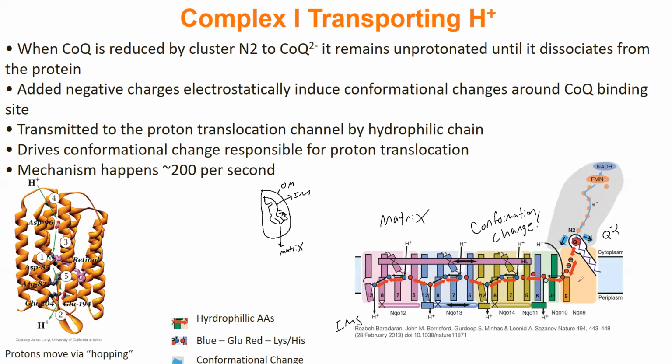The arrows are kind of like hydrophilic amino acids. The red spheres are lysine and histidine, and the blue spheres are glutamic acid. So you have these movements between hydrophilic amino acids, and you have this movement between your charged amino acids. And this movement is really what is facilitating the movement of the proton.